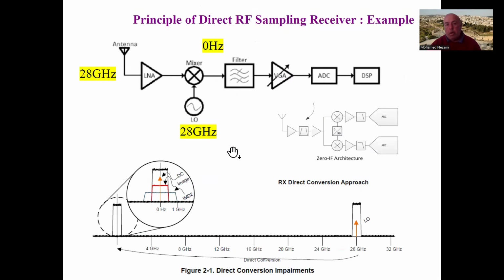Now, as another option, what you could do is go to direct conversion, meaning your LO is running at the same frequency, and therefore you get a baseband signal centered at 0 hertz, and then you digitize it. And the easiest way to do this is quadraturally, okay? So you have a quadrature down converter that has the I and the Q, and you do that by having an LO which is basically a quadrature between 0 and 90 degrees.